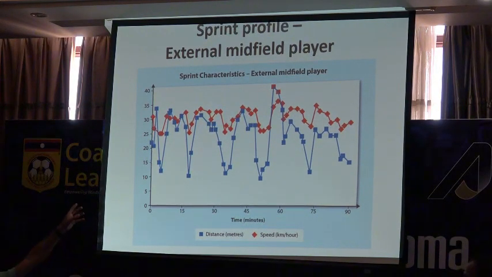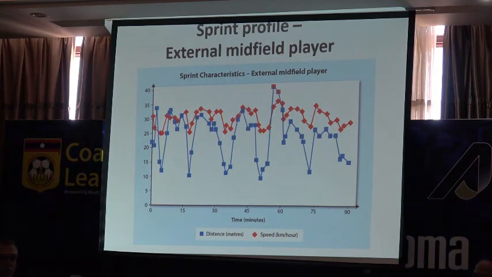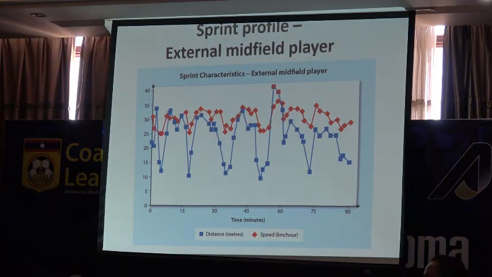And we also see that this is a player that is doing many varied sprints. So very few short sprints, 10 meters, but a lot of really long sprints, 30 meters, 35, and even 40 meters.